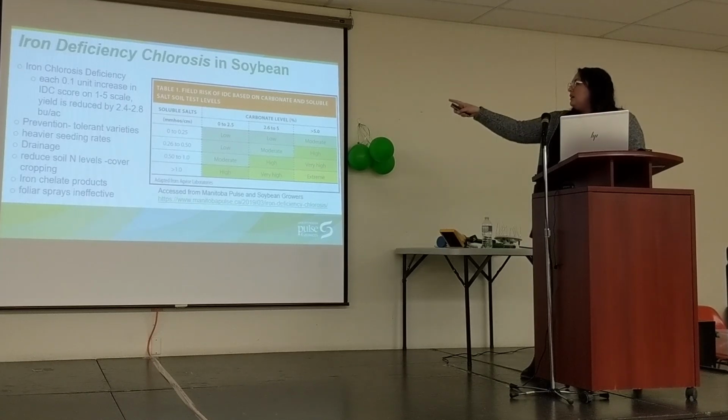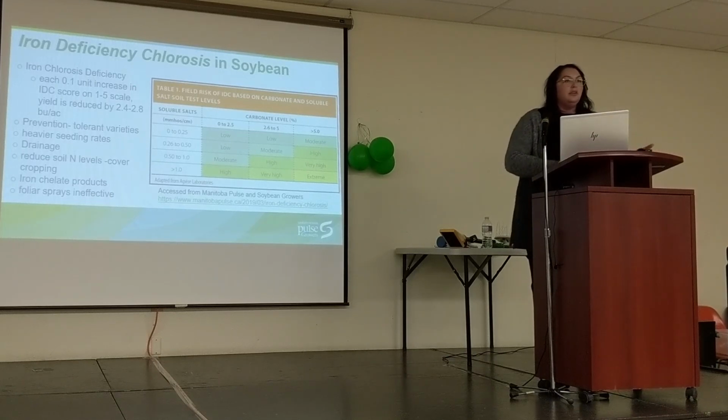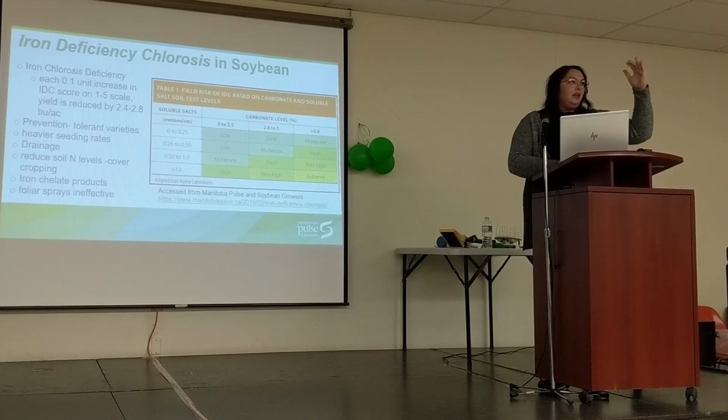And across the top is carbonate level as a percentage. So as you become more saline and your carbonate level increases, the risk of developing an iron deficiency chlorosis infection significantly increases. And as we increase on that IDC scale, every 0.1 on a 0 to 5 scale equates to almost 3 bushels an acre loss in yield.